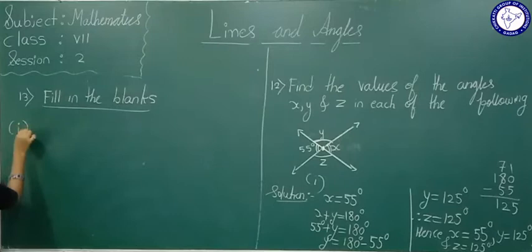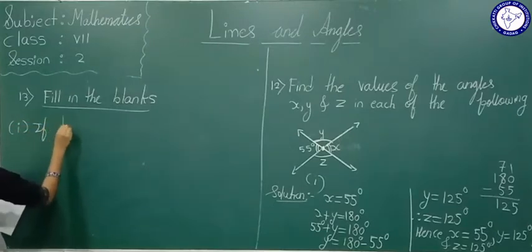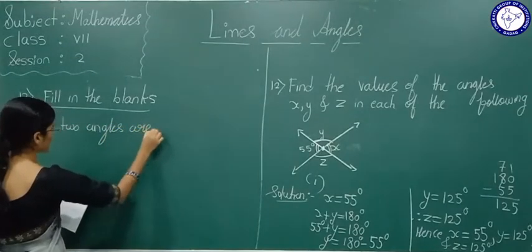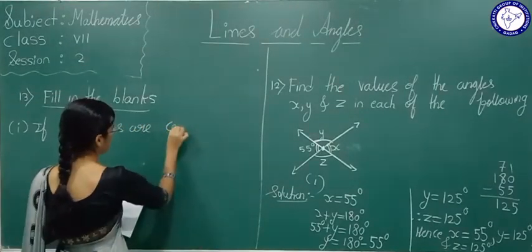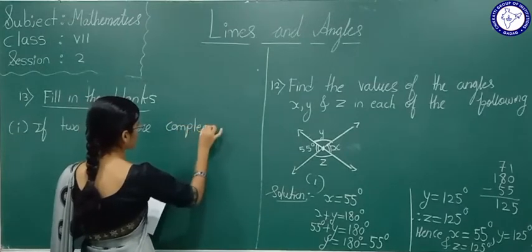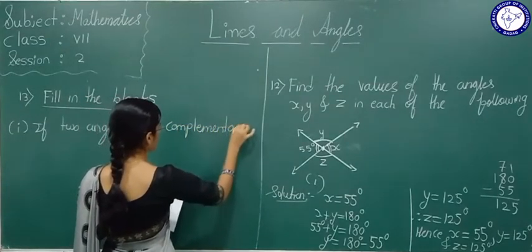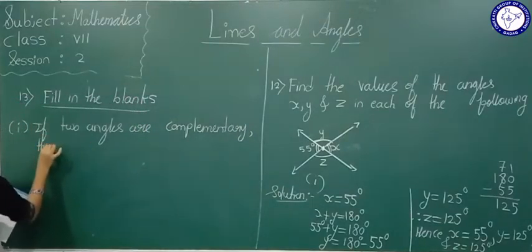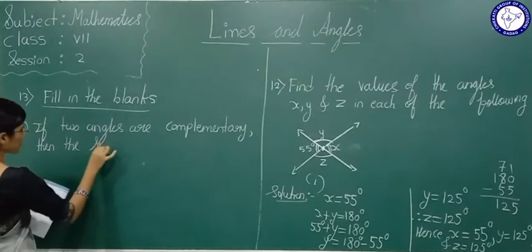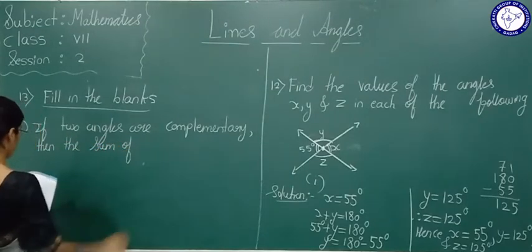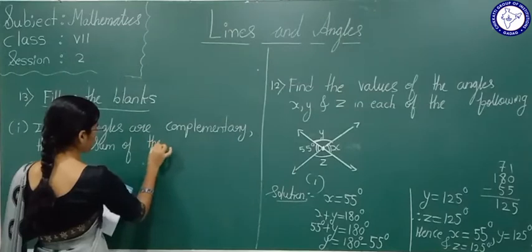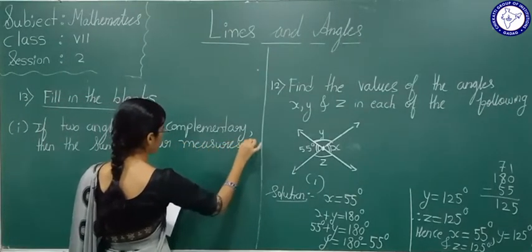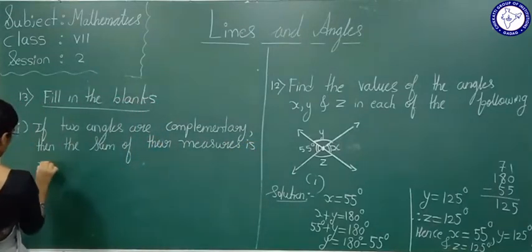Say first one: if two angles are complementary, then the sum of their measures is dash.